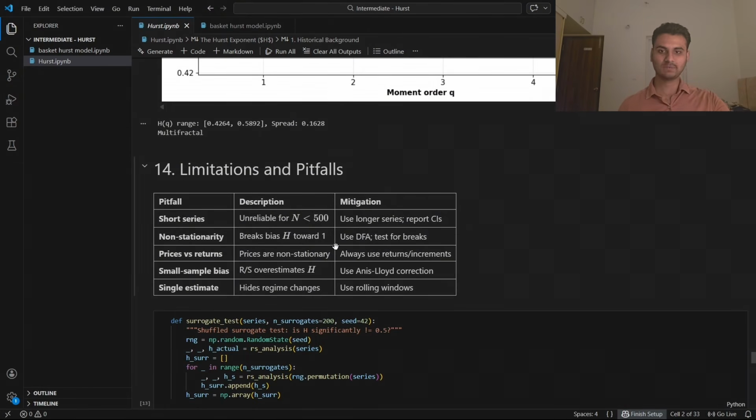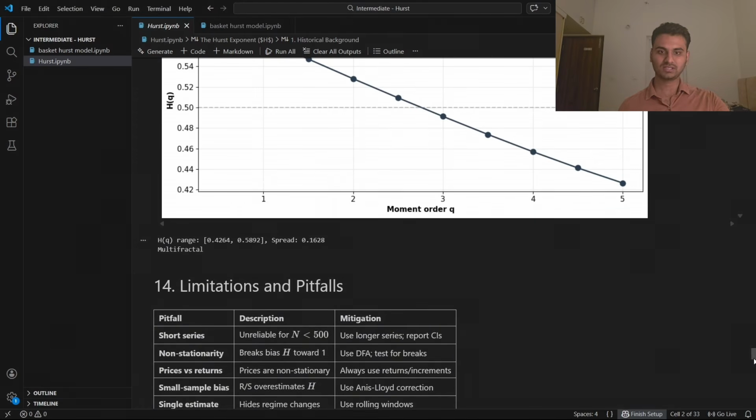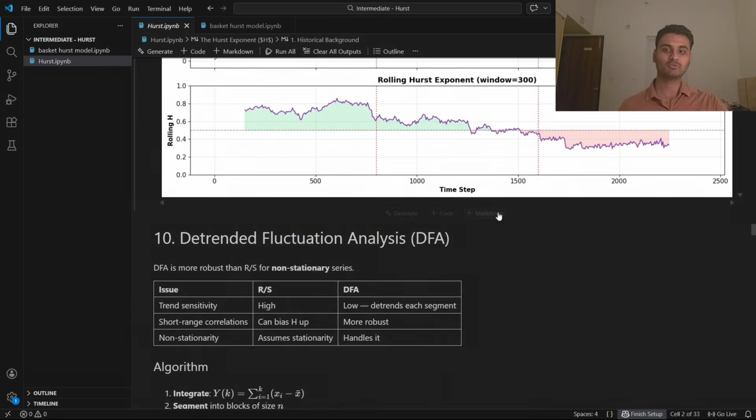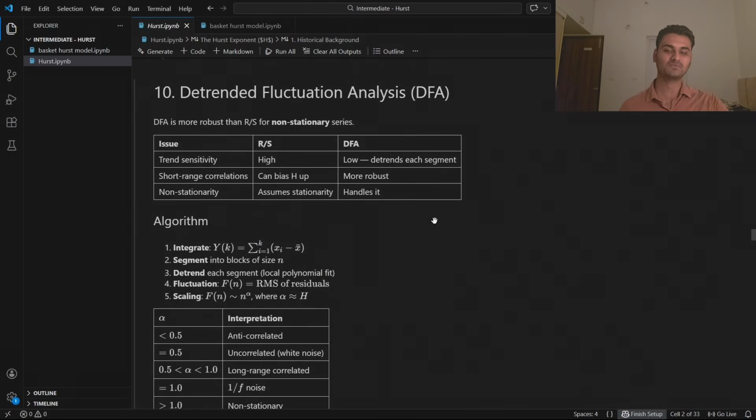Detrended fluctuation analysis is more robust than R/S for non-stationary series. As you might know, financial markets are very non-stationary. A $10 move in 2015 tells an entirely different story than a $10 move in 2025, because of a lot of factors that have to be factored in, like macroeconomics, inflation, purchasing power parity, GDP growth, etc.